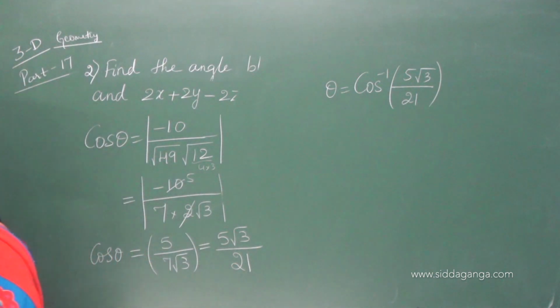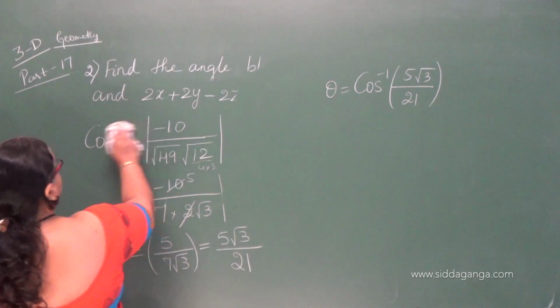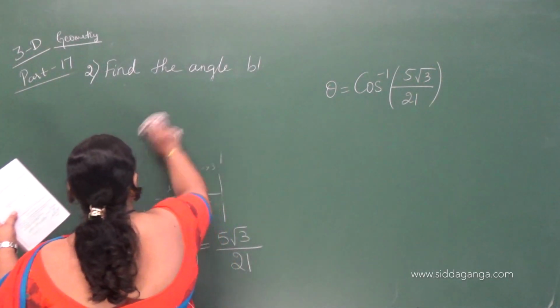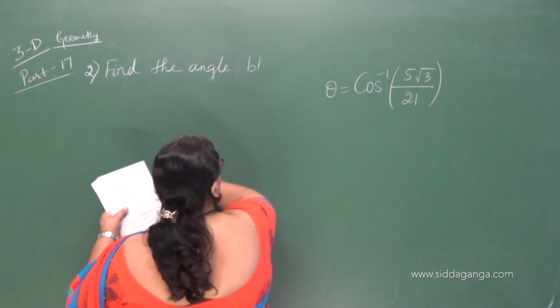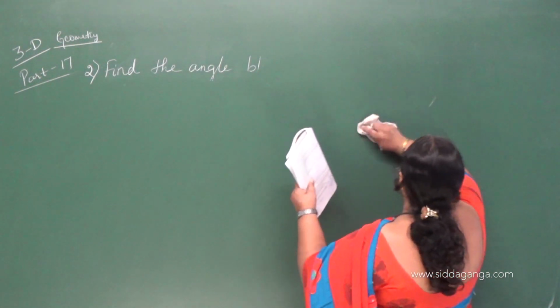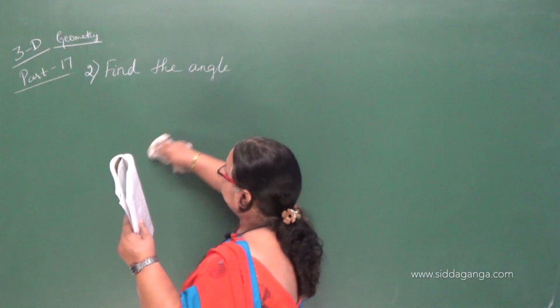So in exercise 11.3, we have the problem: find the angle between the two planes where the equations are in vector form. Vector form plane equations are given, so now we have to find the angle between them.